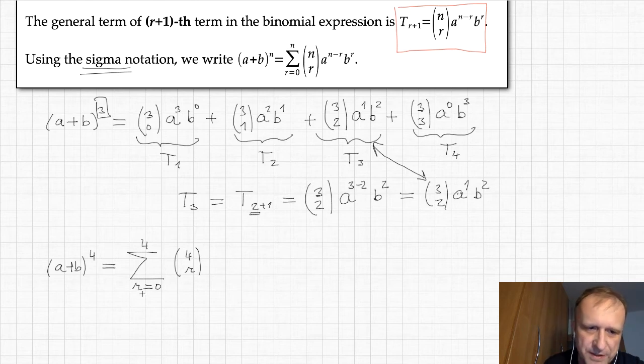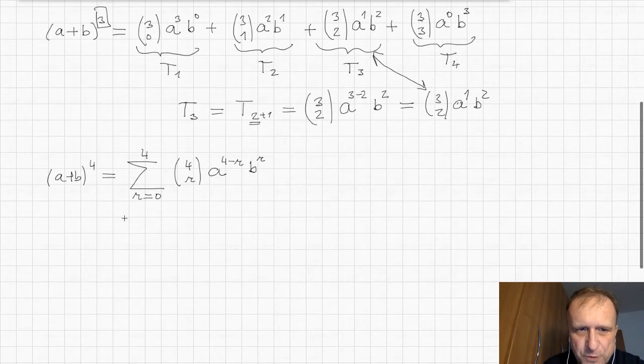For each value of r in this sum, I have different number here, times a to the power of 4 minus r times b to the power of r. So how to work with this sigma notation? It's like, imagine you are a computer and you have the cycle for r equals 0 to r equal 4, do the following: add these terms.